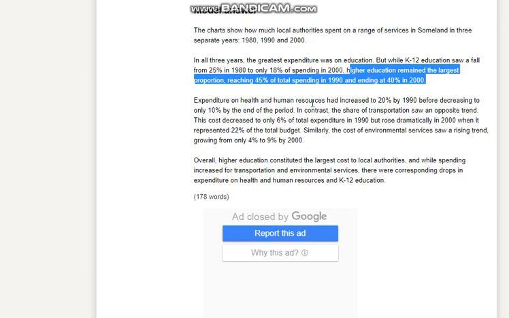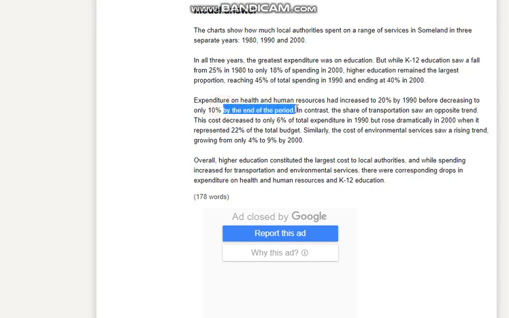Expenditure on health and human resources had increased to 20% by 1990 before decreasing to only 10% by the end of this period. And also you should be careful about your grammar.